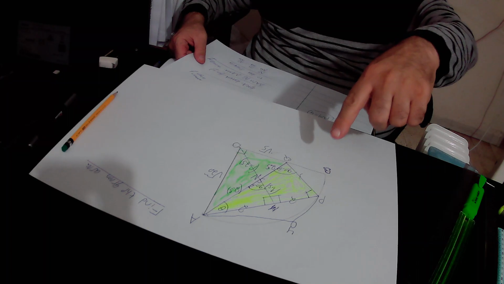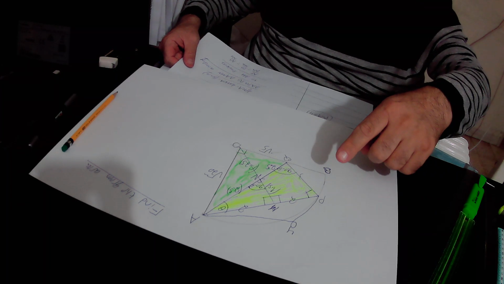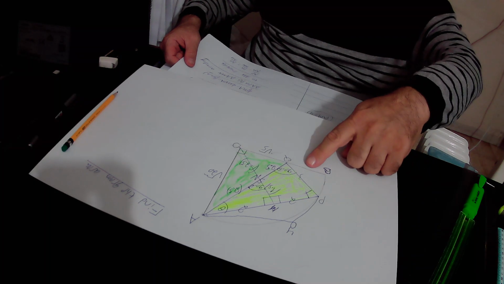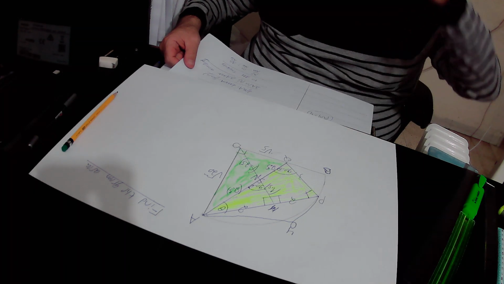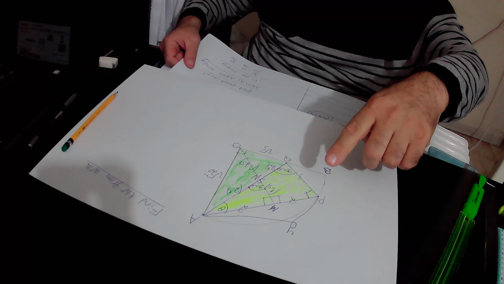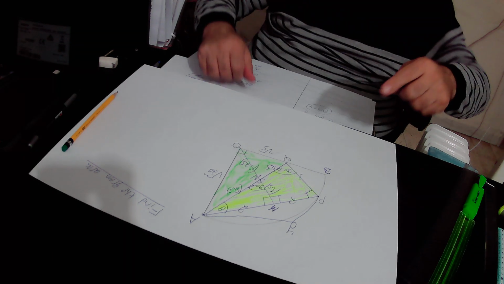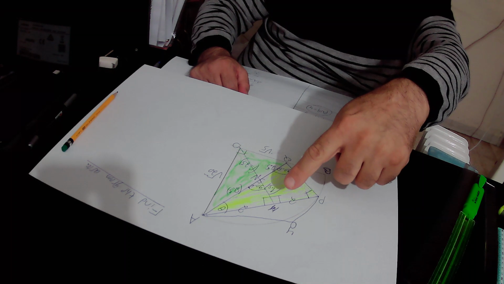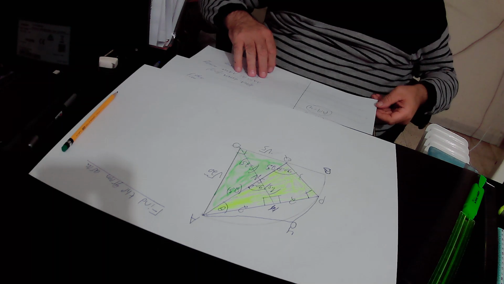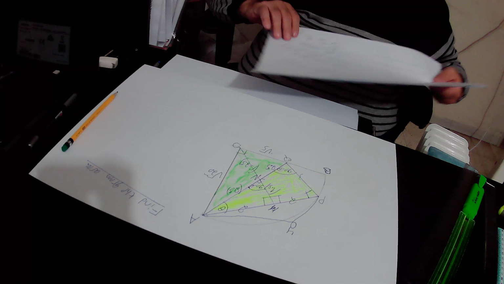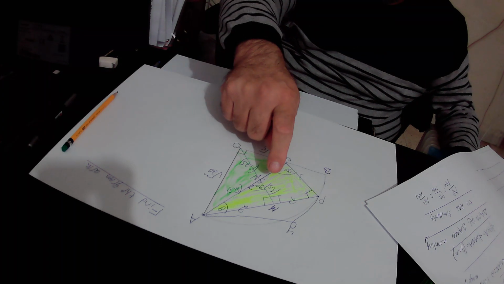We know that the length of line segment PQ equals 3 units, and the length of side AQ equals 5 units, and this angle equals 90 degrees.